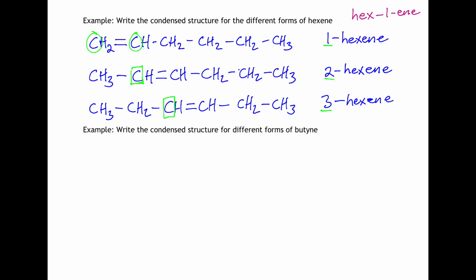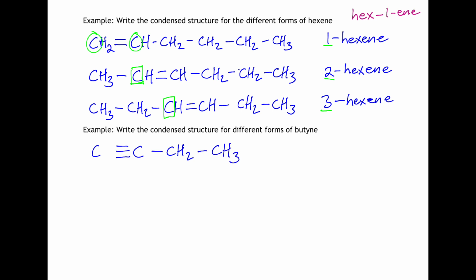Let's do the butynes. Good news, butyne is only 4 carbons, so it doesn't have that many options. Before drawing our H's in, I'm going to give a lot of space so I can fit the H's in after. We can put the triple bond on the first carbon. Leave a space, 1, 2, 3, and then get a carbon, and then I'm going to put the rest in here, CH2, CH3.